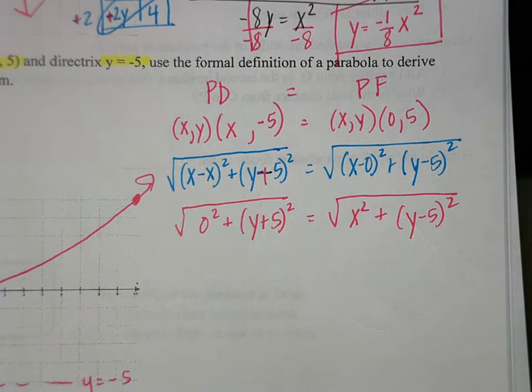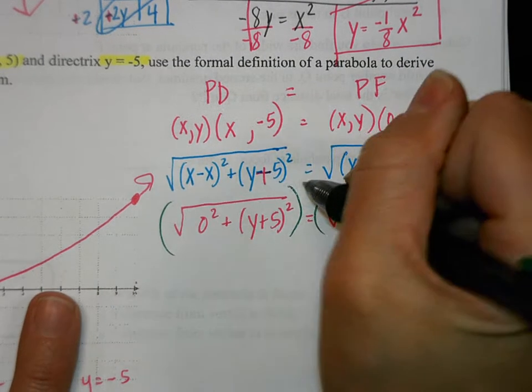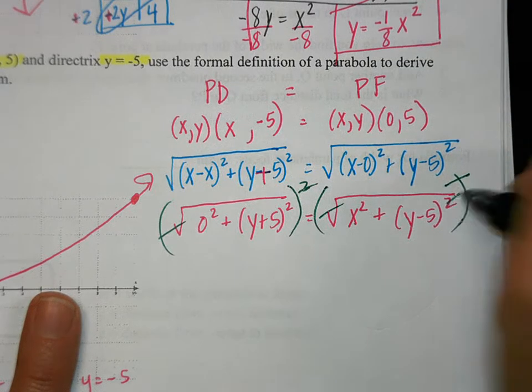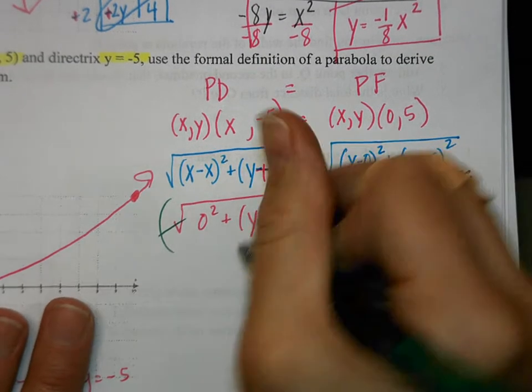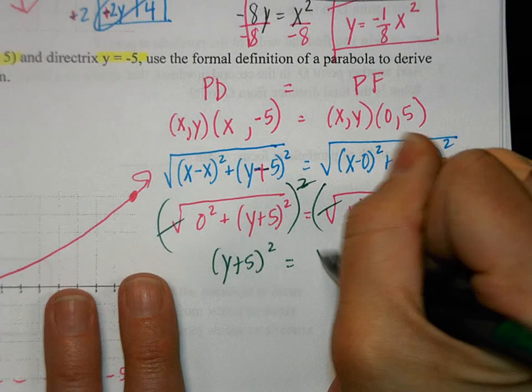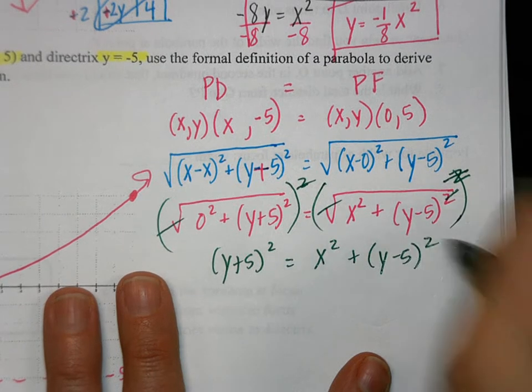Who thinks they know what we should do next? Why am I going to square both sides? Eliminate the square root. Well done. Square both sides, and so when I square a square root, that eliminates. And I have (y + 5) squared equals x squared plus (y - 5) squared.